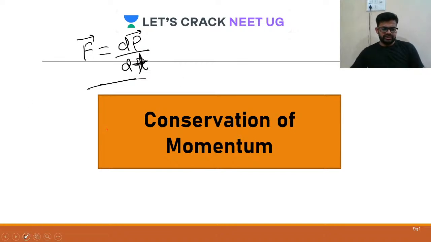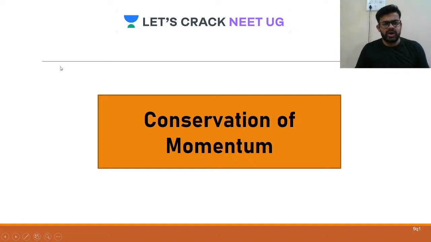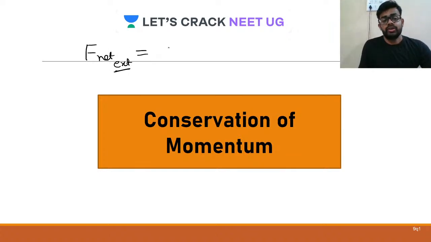All of you know this, right? This is the second law. F net is the external force, so that's why I'm writing external here. dp by dt means rate of change of momentum.